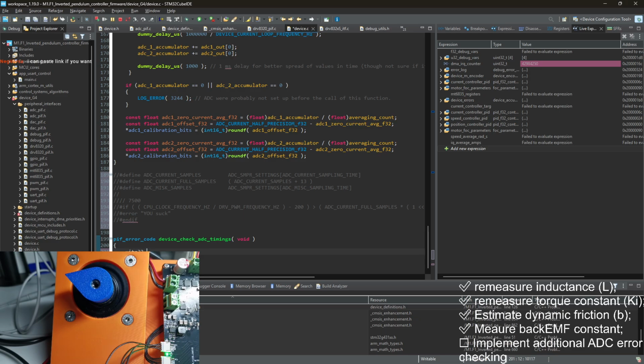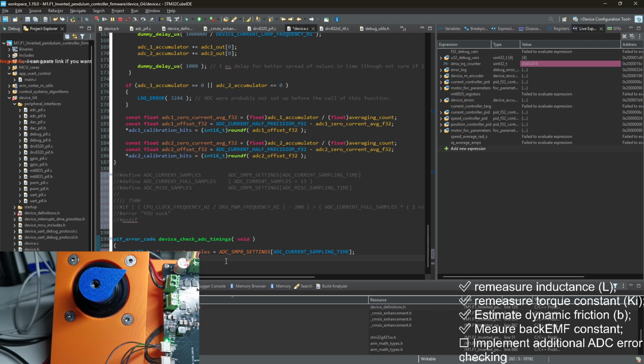You insert 2. My god. ADC current sample per samples. It's all right. Equals to this, and this should be fine.